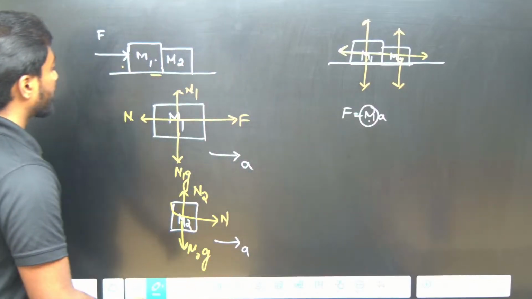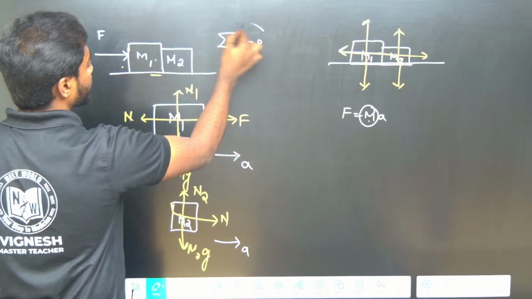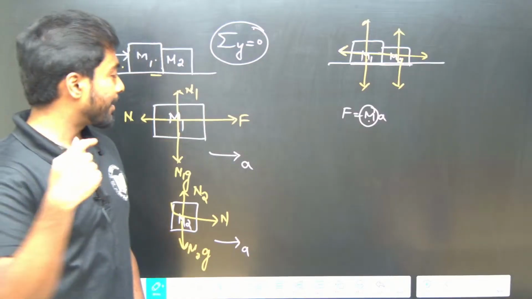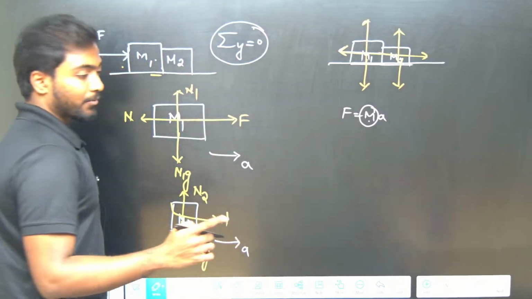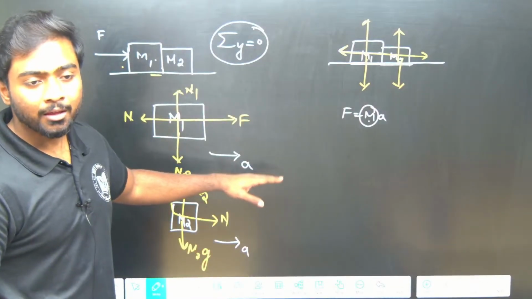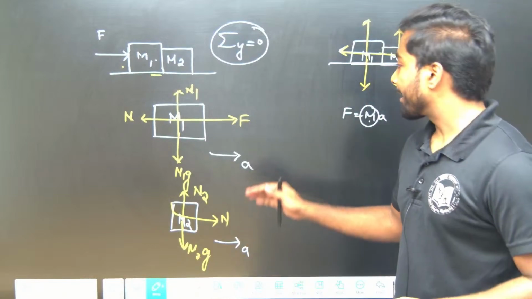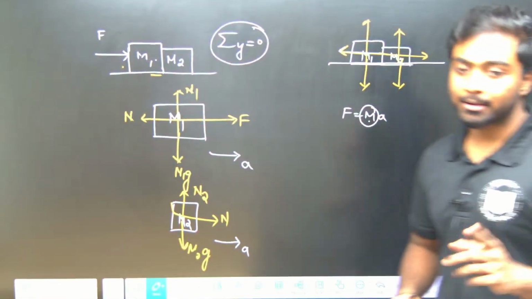Here the sum of forces in the y direction will be equal to 0, because there is no movement in the y direction, only in the x direction. Whenever we have an acceleration, the forces in the direction of acceleration, take as positive; the opposite direction of acceleration, take as negative.